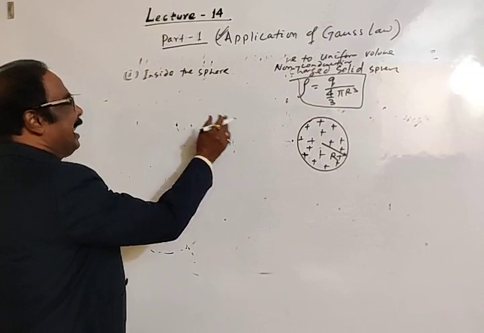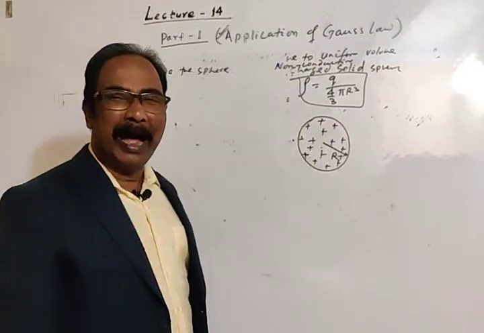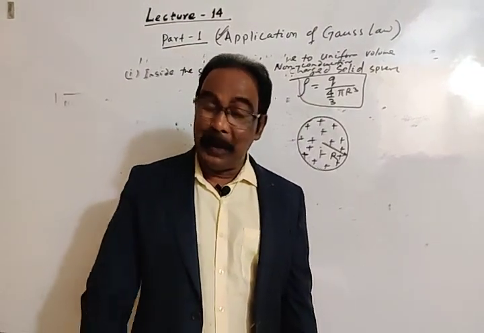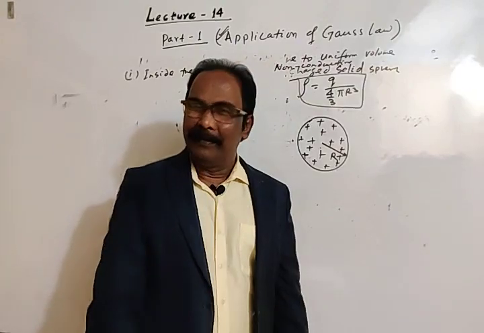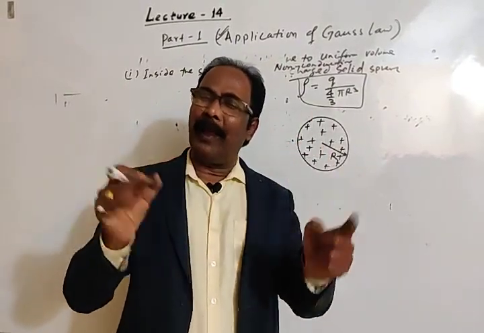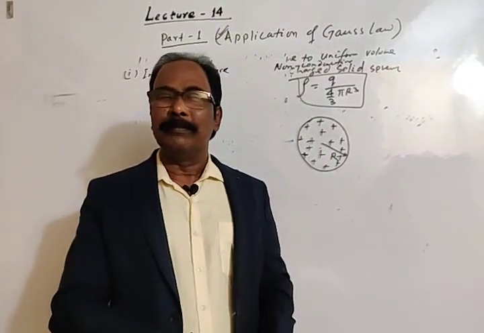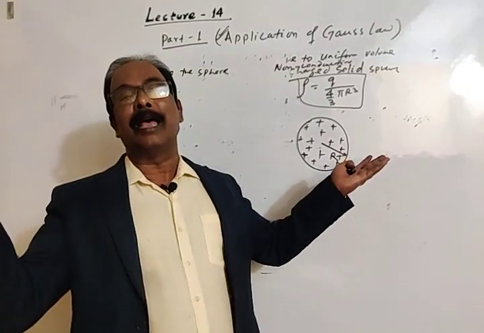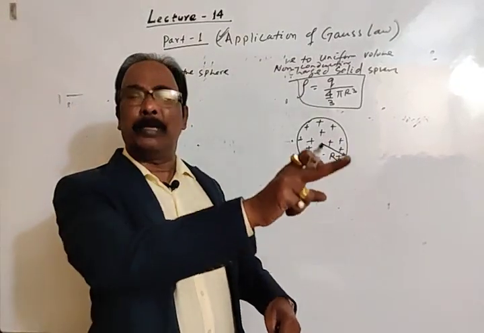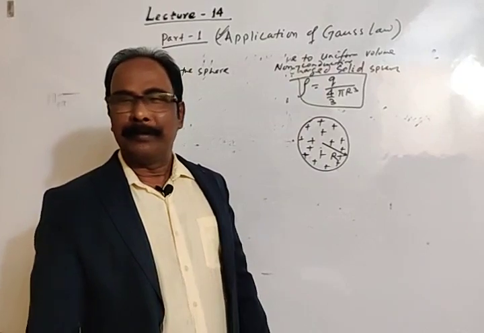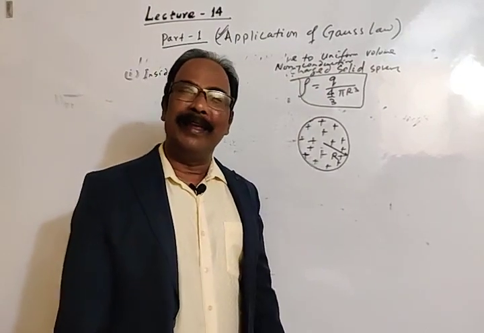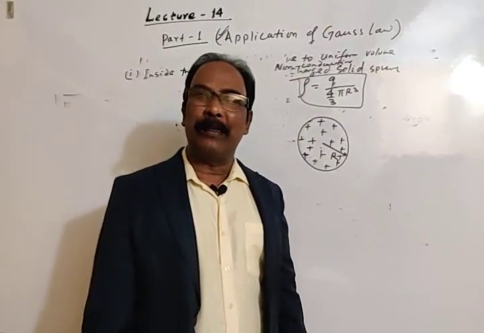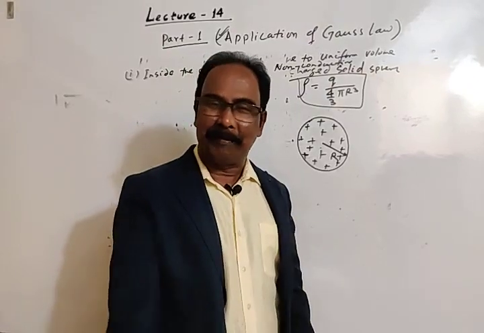Okay, inside the sphere, the first step, as we have discussed, to apply Gauss law, we have to first assume an imaginary Gaussian surface which must enclose a charge. An imaginary surface enclosing a charge is called a Gaussian surface.